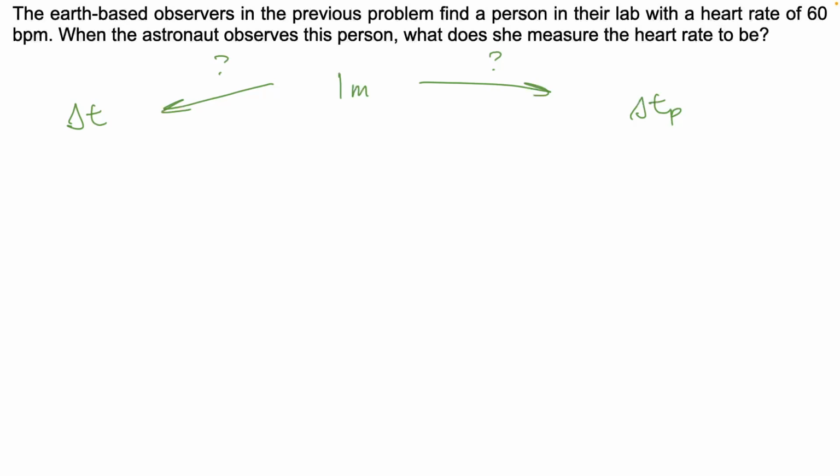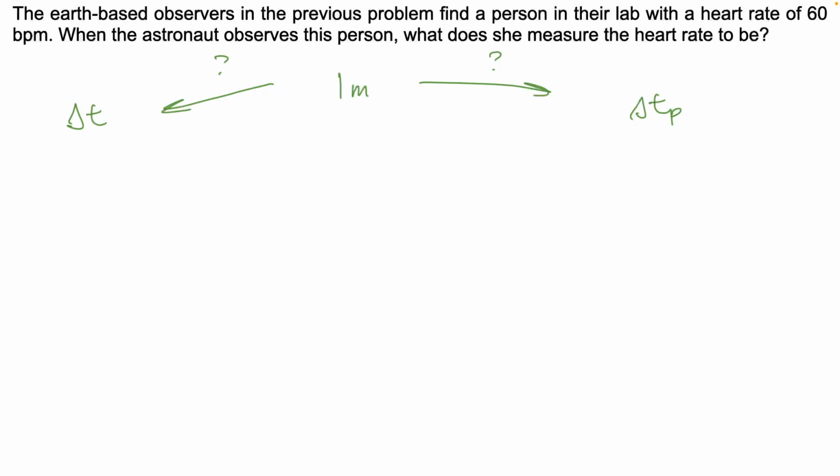The astronaut is doing the measuring. So we have two measurements going on. We have the 60 beats per minute that is measured by people on Earth. And then we want to figure out what the astronaut measures.